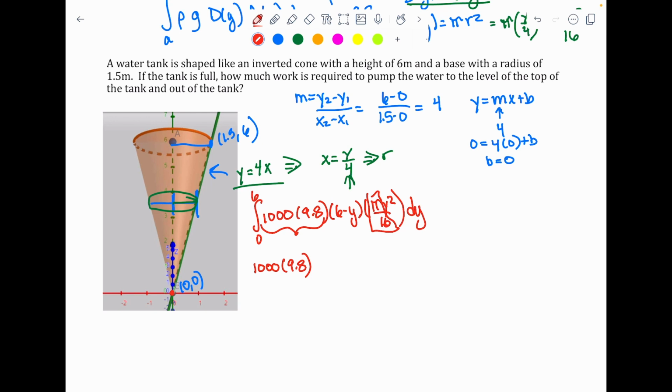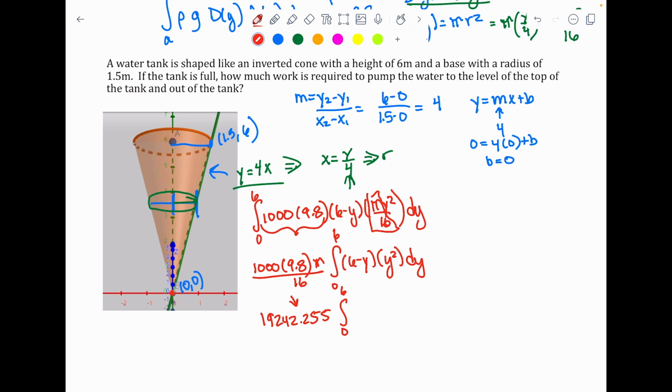I have 9.8 I can pull out. I have pi, and then I have 16 in the denominator. I have my integral going from 0 to 6, and I still have 6 minus y times y squared dy. If I plug these values into a calculator, I come up with 19242.255.